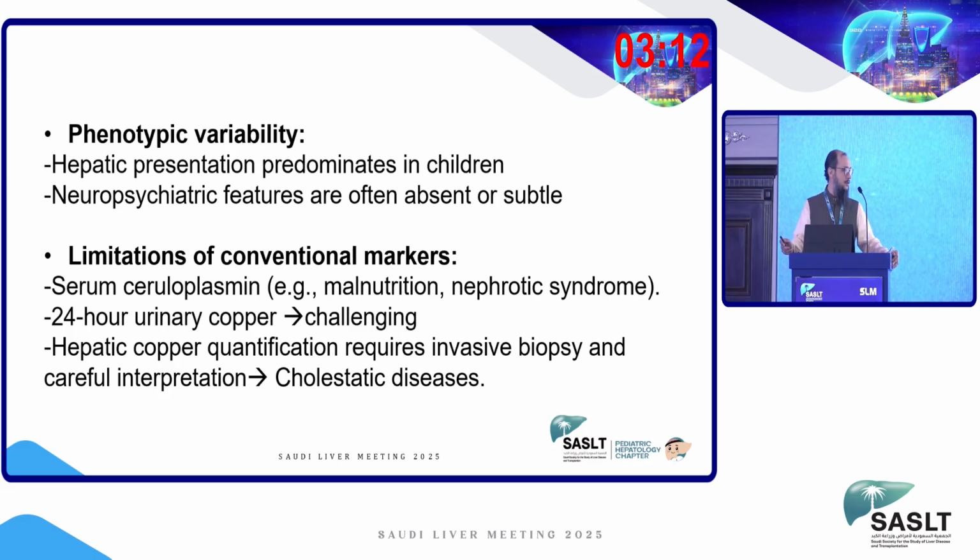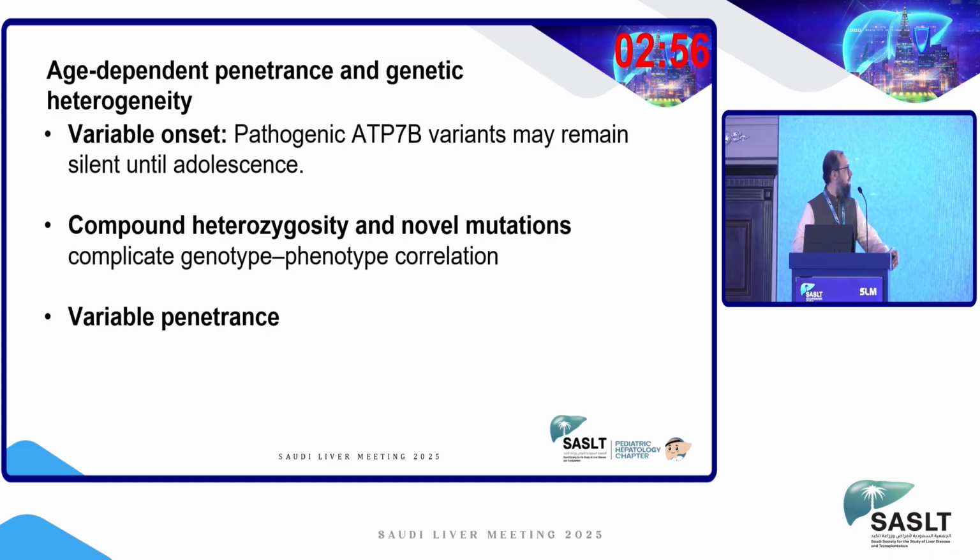Hepatic copper quantification is very invasive, which we tend to avoid, especially in acute liver failure. And it mimics many other cholestatic liver diseases, especially MDR3, which also has a significant amount of copper deposition in the liver. The age-dependent penetrance and genetic heterogeneity is very variable in Wilson disease.